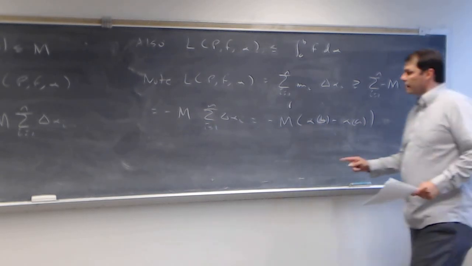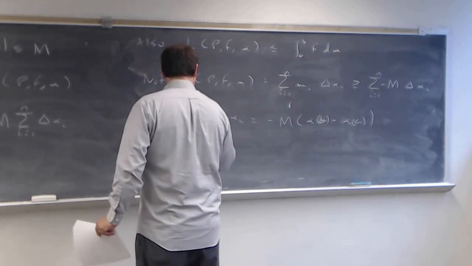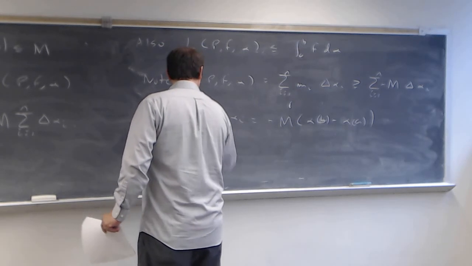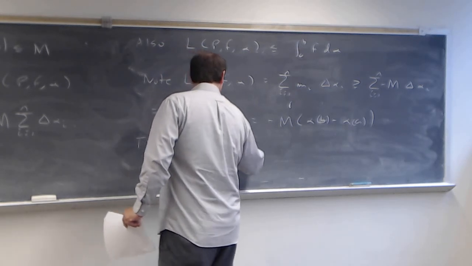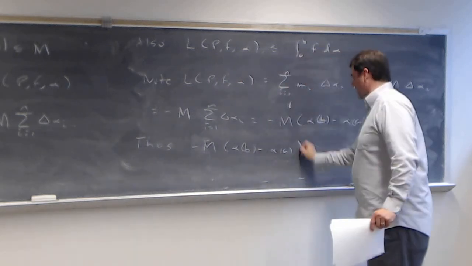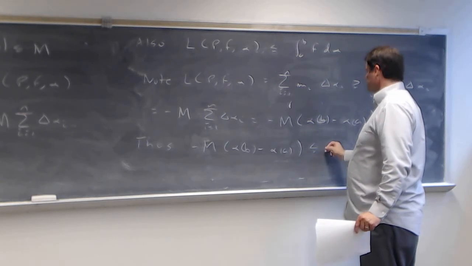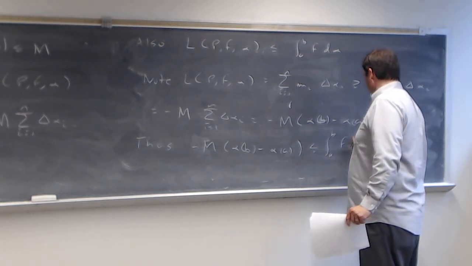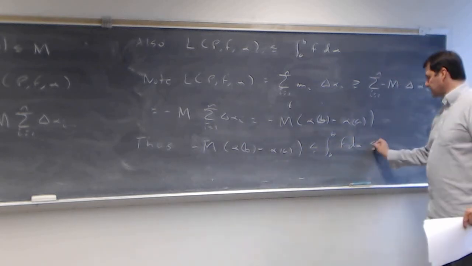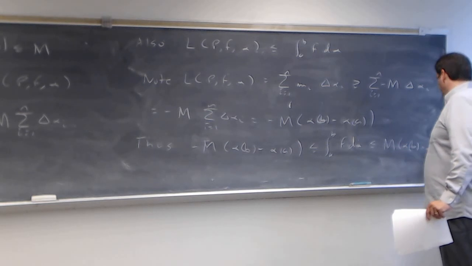Okay, that's wonderful. Now what that means is that minus M times alpha of b minus alpha of a is less than or equal to the integral from a to b of f d alpha, and we've shown a second ago that this is less than or equal to M times alpha of b minus alpha of a.